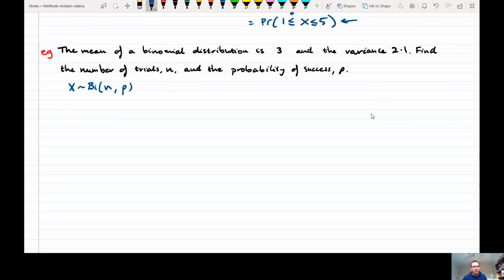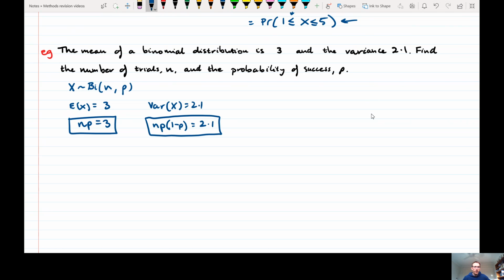What I'm going to do is remember that E of X equals 3, but we know NP equals 3. That's what E of X is. We're told that the variance is 2.1, but the variance is calculated as NP(1 minus P). So I'll put that equal to 2.1.